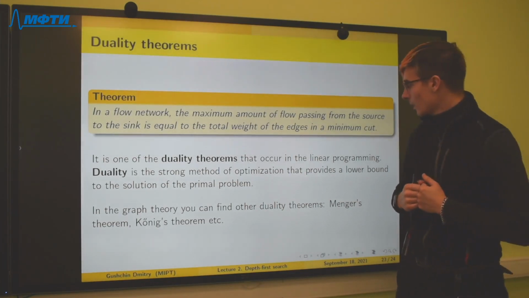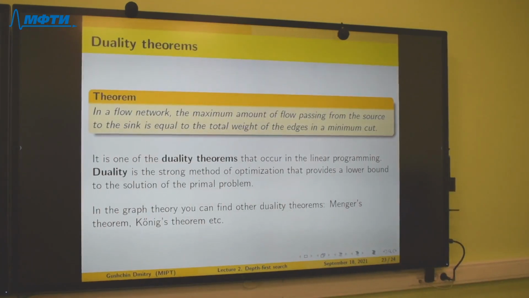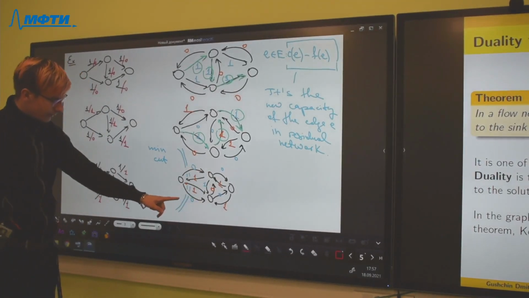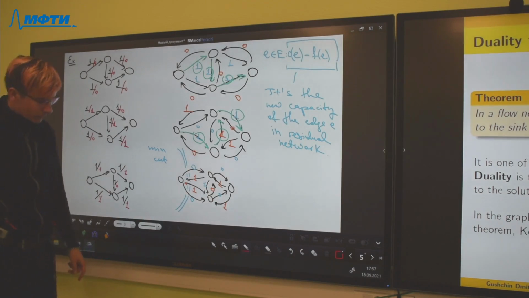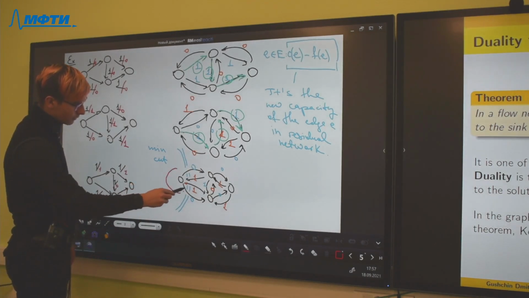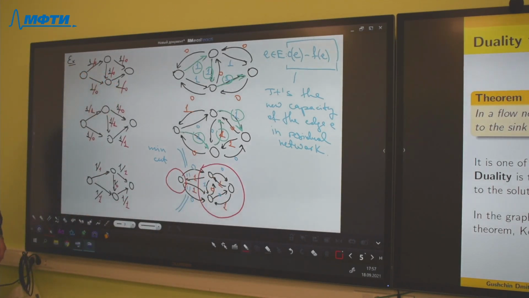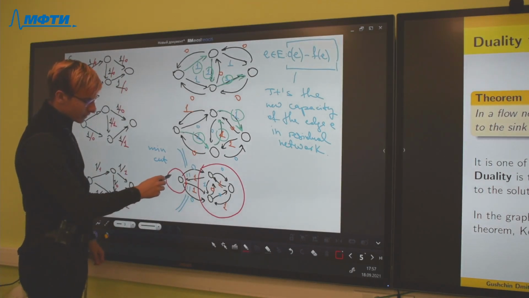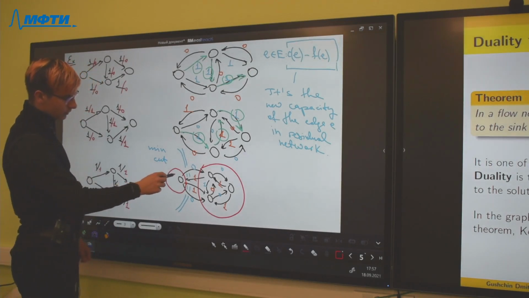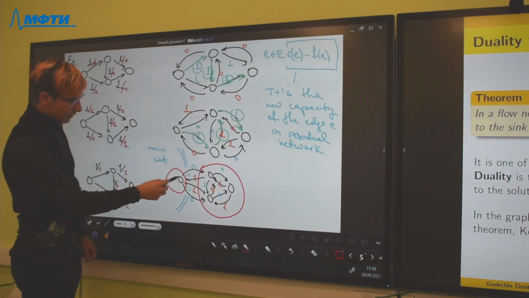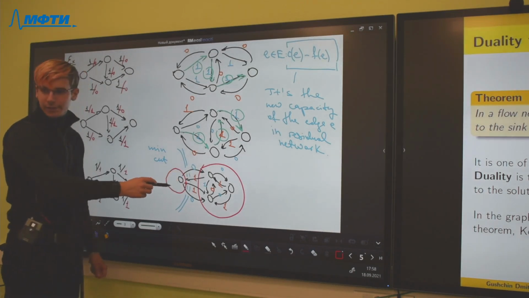What is the minimal cut? Okay. We say that if we have a flow network, we can divide our graph into parts and say that the value of the cut is equal to the capacities that go from the left part to the right.